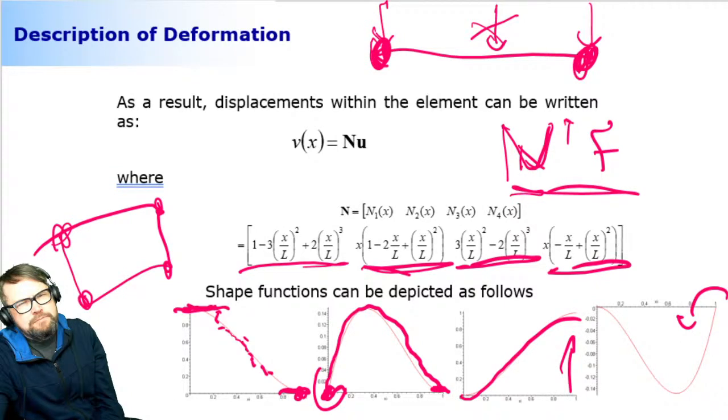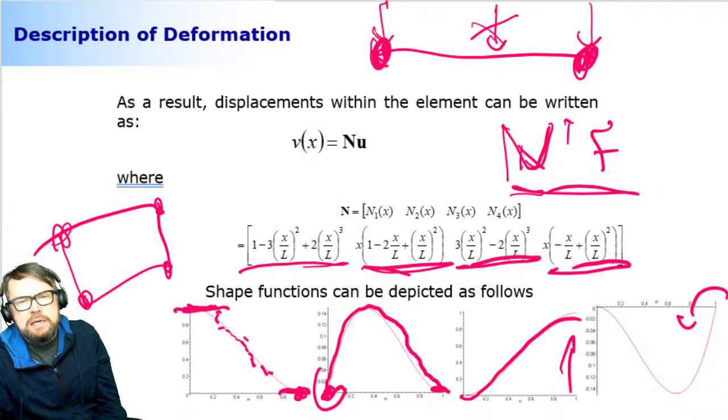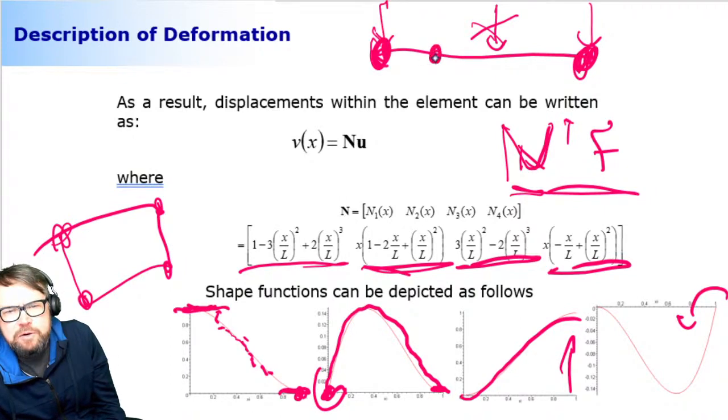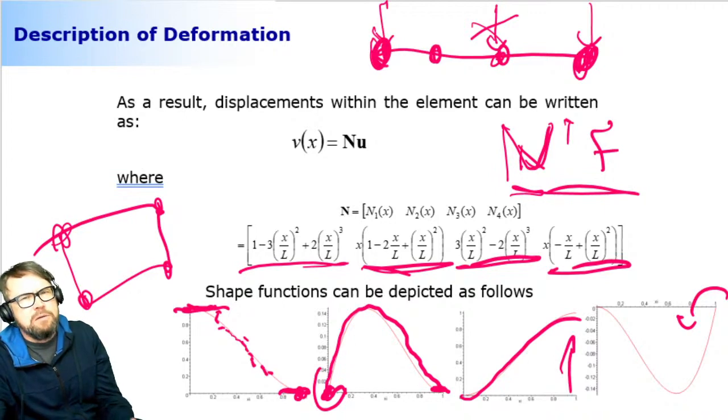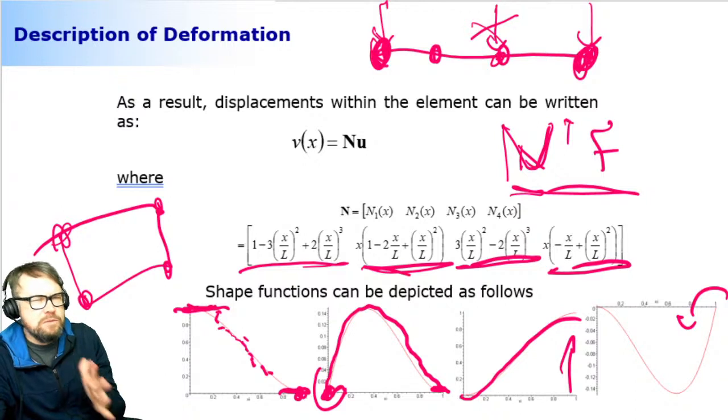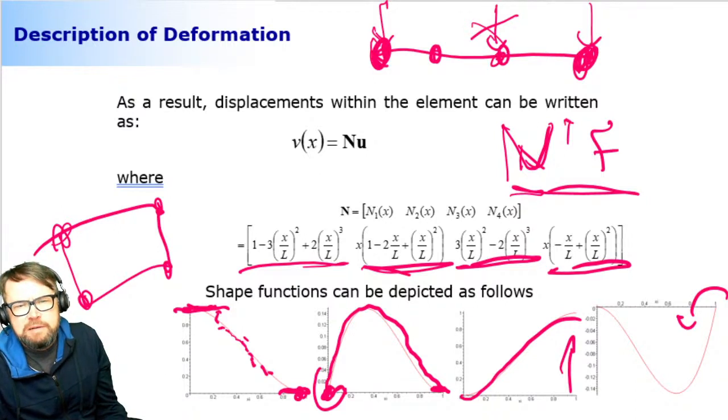Internal nodes, well, this is not so easy to answer, because internal nodes can be considered a way to make an element perform better. If you put in 2 internal nodes, the accuracy of the element will be much better compared to an element without these internal nodes. But it comes with consequences.